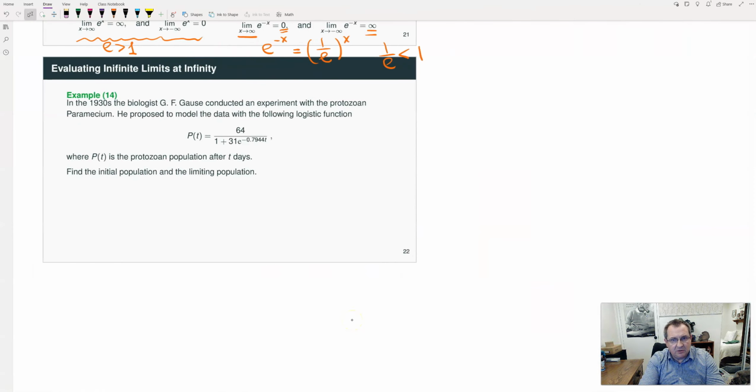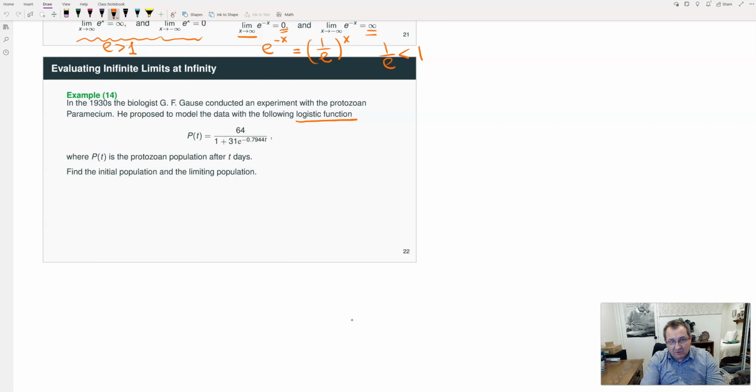Let us apply the knowledge about exponentials to this particular example. A biologist, Gauss, conducted an experiment with parasitic organisms, and he studied how they grow in population size. In particular, his data was fed into the following function that is known under the name logistic function.